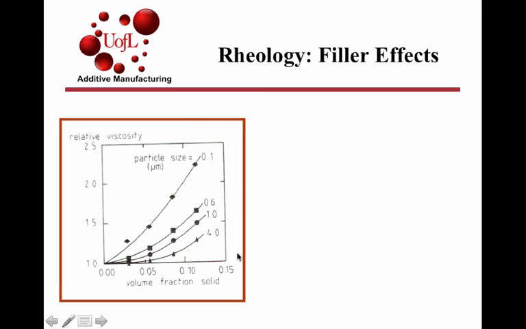What can you see? One, you add fillers, viscosity goes up, and processability goes down. The finer the fillers you add, the higher the increase in viscosity. The Guth equation describes this type of behavior, where viscosity increases as the volume fraction of the filler goes up.